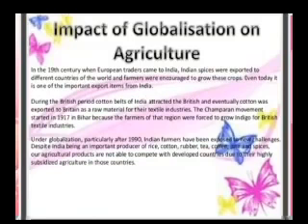Despite India being an important producer of rice, cotton, rubber, tea, coffee, jute, and spices, our agricultural products are not able to compete with the developed countries due to the highly subsidized agriculture in those countries.